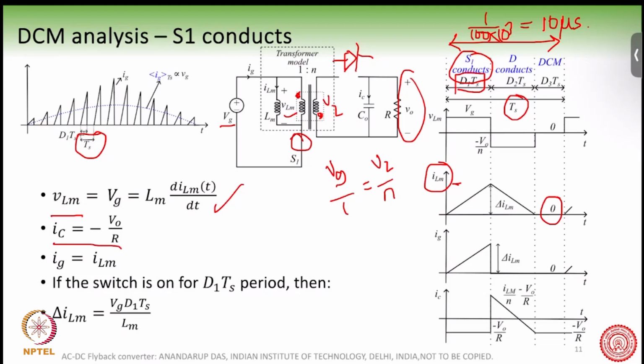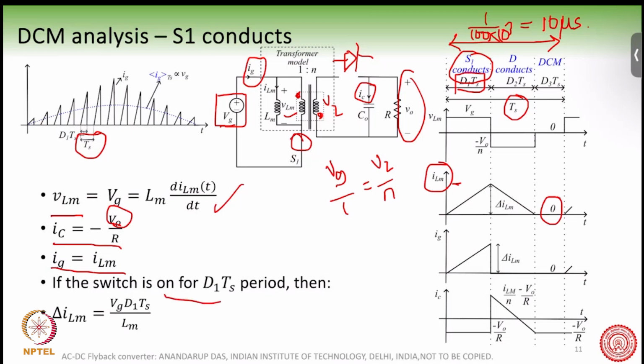So therefore, this current IC is basically minus V0 by R. And here we have taken that this output voltage V0 is fairly constant. And then we have this input current IG. This is the current which is coming after the diode bridge rectifier. This is equal to ILM, right? We have taken VG to be constant, as we had discussed in the previous slide, over a small TS time period where VG can be considered constant.